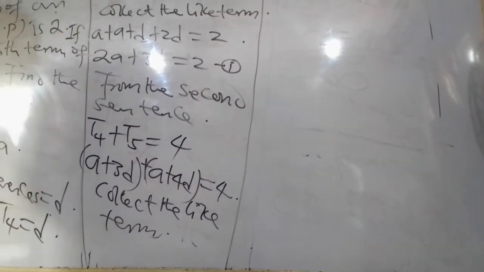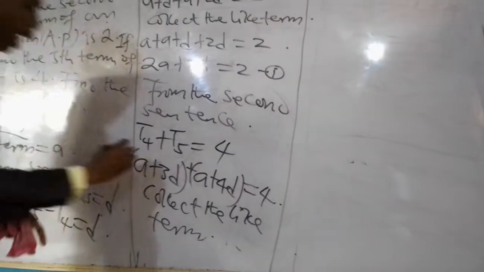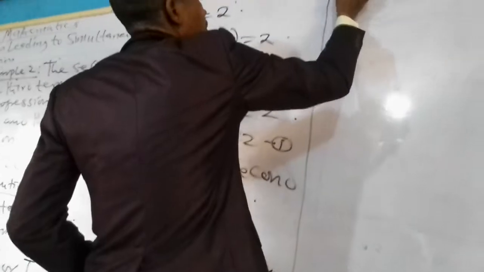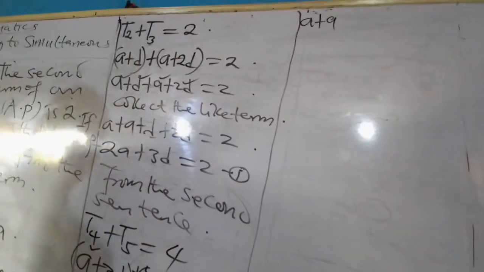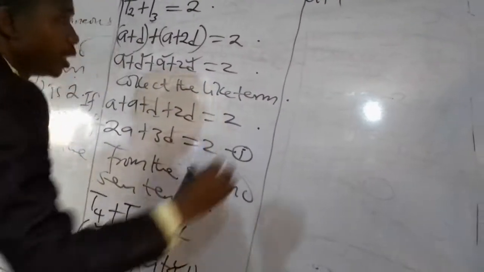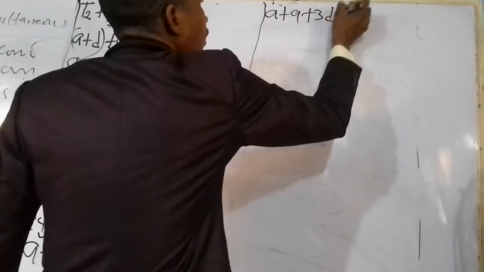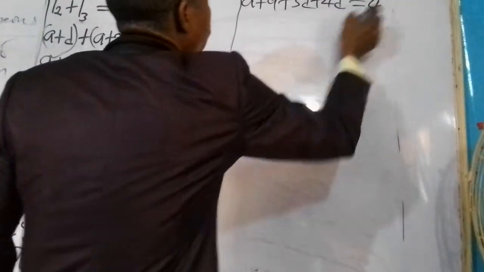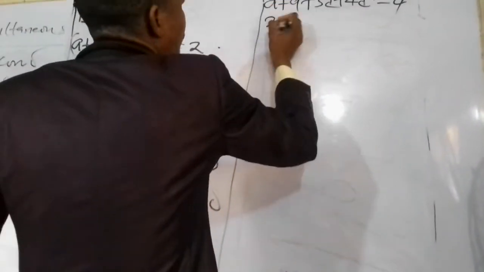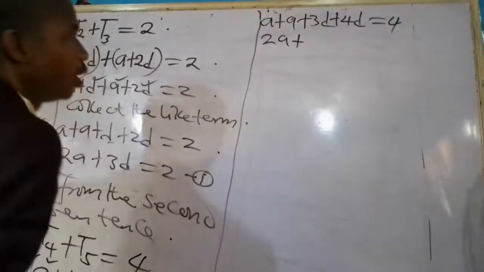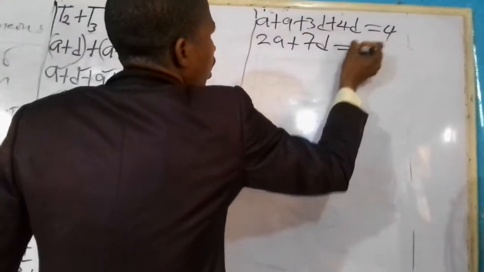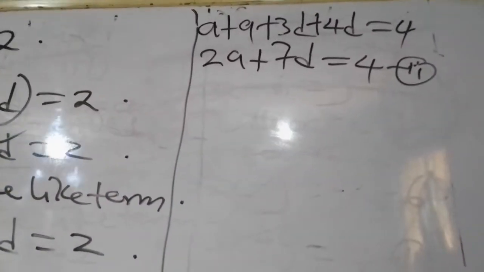Collecting like terms here, that is A plus A, which is 2A, plus 3D plus 4D, that is 7D, is equal to 4. Call this one equation 2.